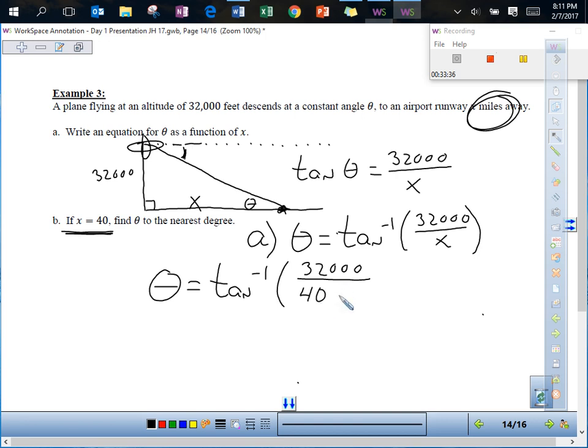And remember that there's 5,280 feet in a mile. Well guys, if you grab your calculator and type this in the way we have it, put extra parentheses around that right there, you should get theta to be right about 9 degrees.